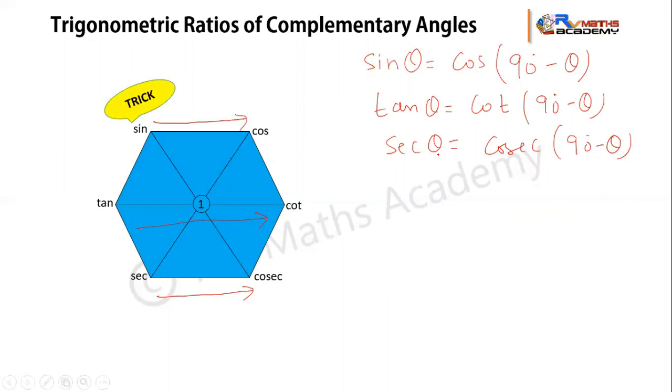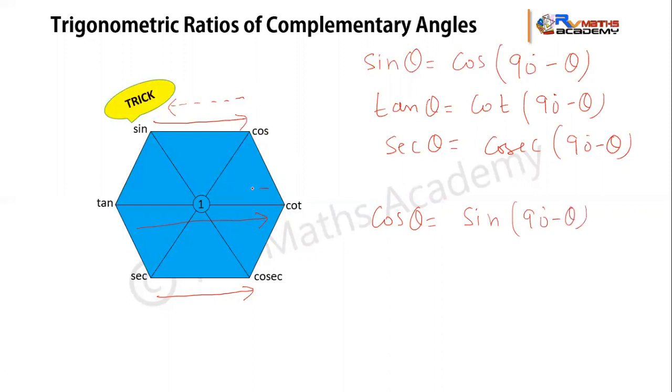Now, what happens if I just put an arrow in the opposite direction? So if I put an arrow in the opposite direction, means from cos to sine, then I can write it as cos of theta is equal to sine of 90 minus theta.